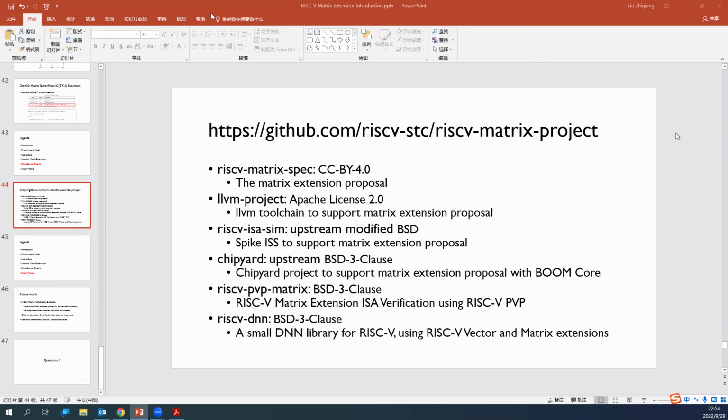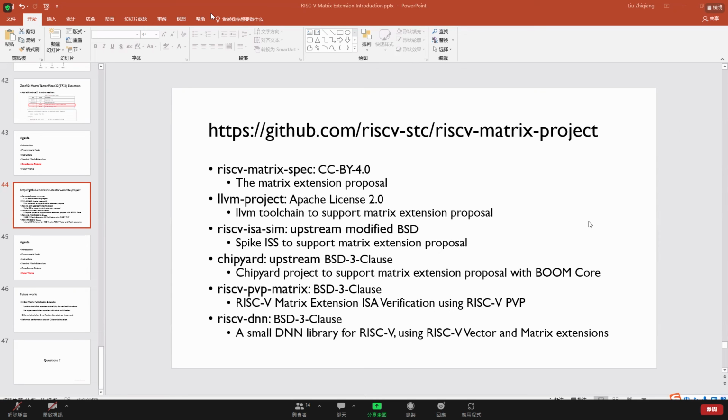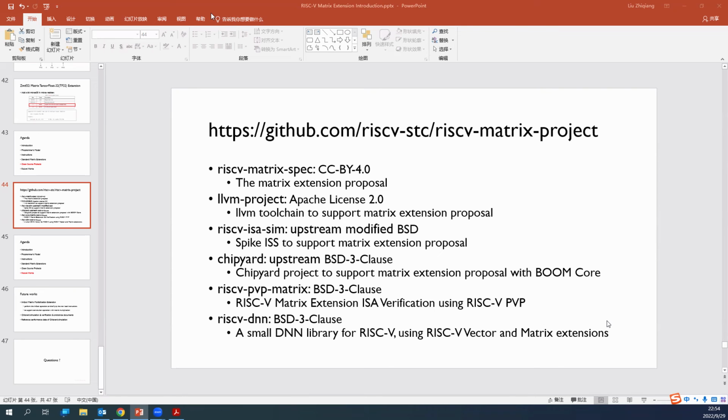Yes. Okay. We have tried this solution, but from our practice, we think if you want to implement a matrix multiplication with large compute performance, this will require a very large vector register, so the VR max can be very large.